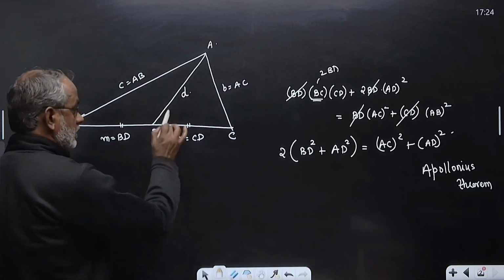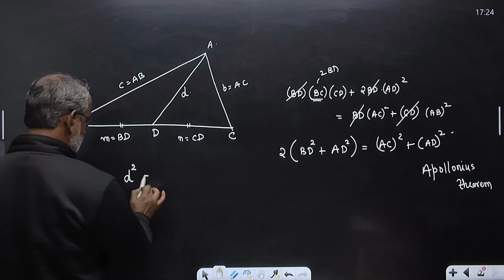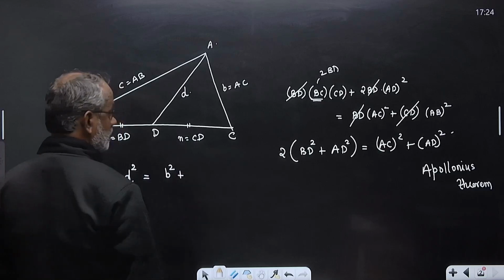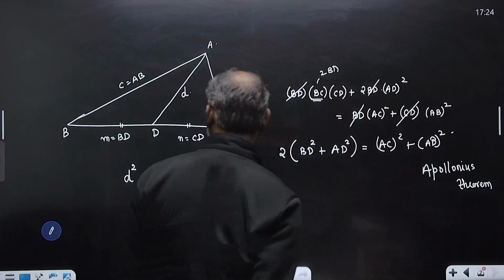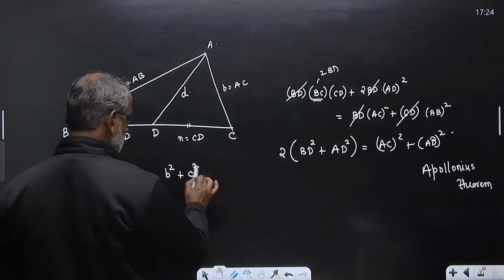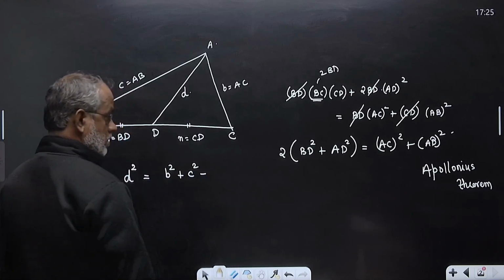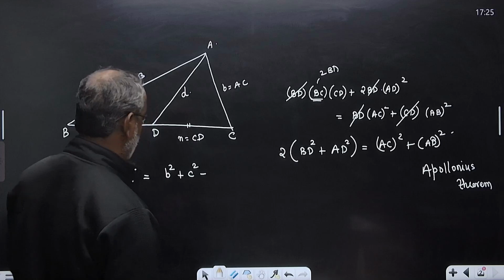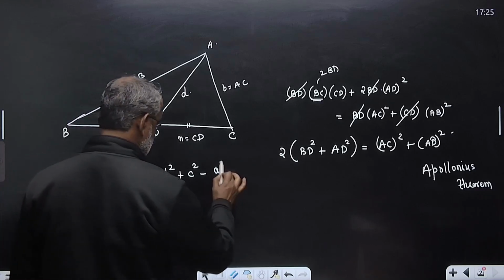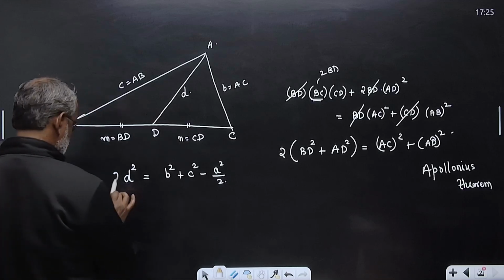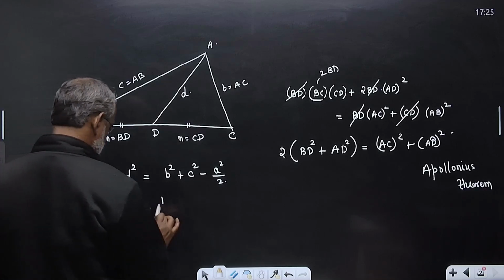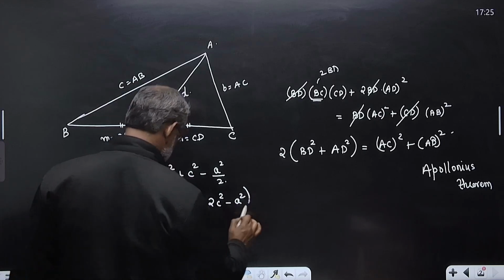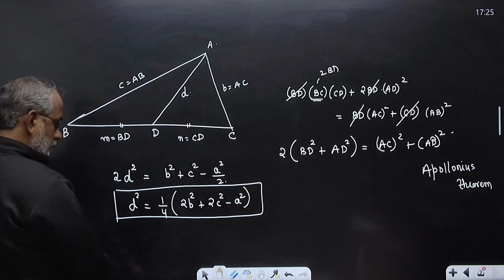You can very easily see, let me write AD as D square, which is AC square plus AB square minus 2 BD square. So this is the length of the median.